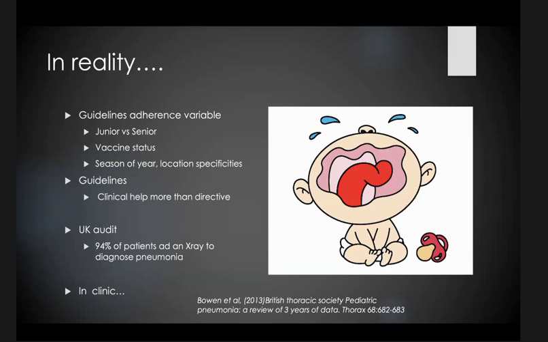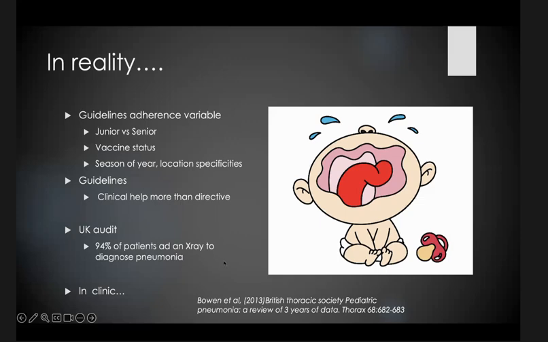Are you a junior staff or a senior staff? What's the vaccinal status of your child? What's the vaccinal status of your community? What's the season of the year? Where are you? So the guidelines are more of a help than a directive. In a UK audit, they looked at whether the pediatrician or the primary care physician does the x-ray or not, and almost all do the x-ray.